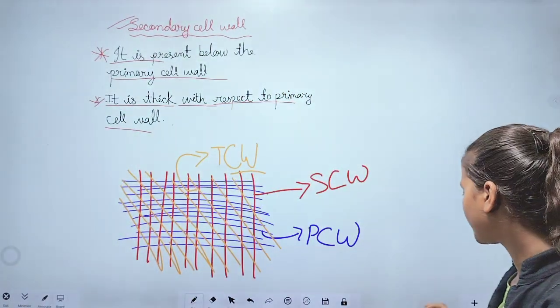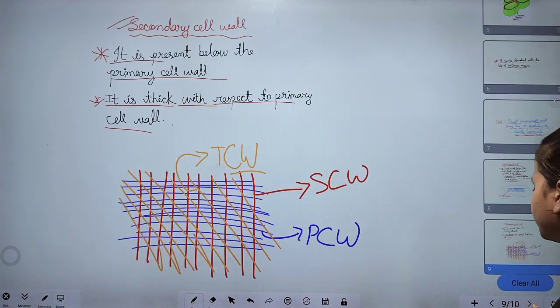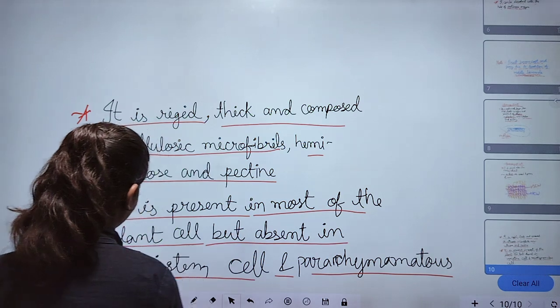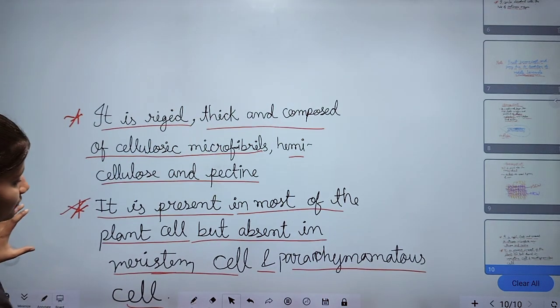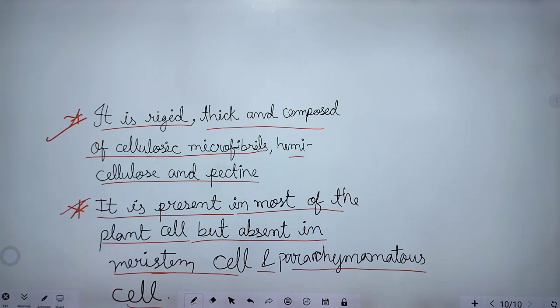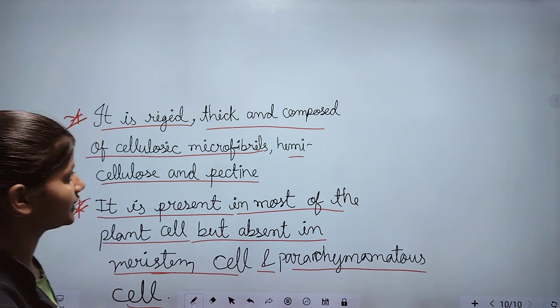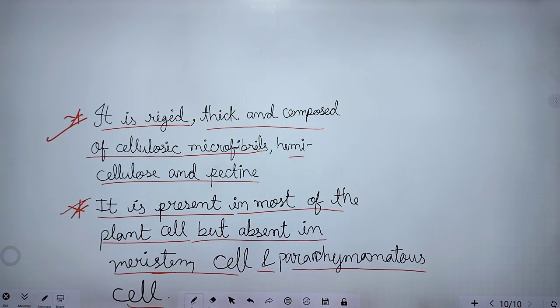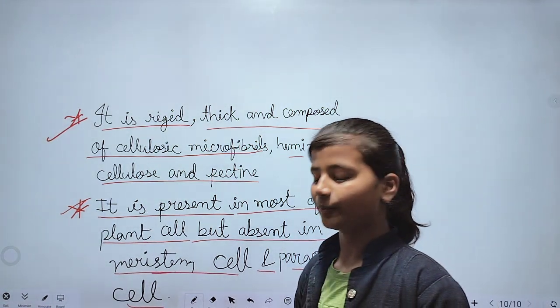Okay, I hope you understand the whole video. And here the last point, we will discuss secondary cell wall. That is, secondary cell wall is rigid and thick and composed of cellulosic microfibril and hemicellulose and pectin.